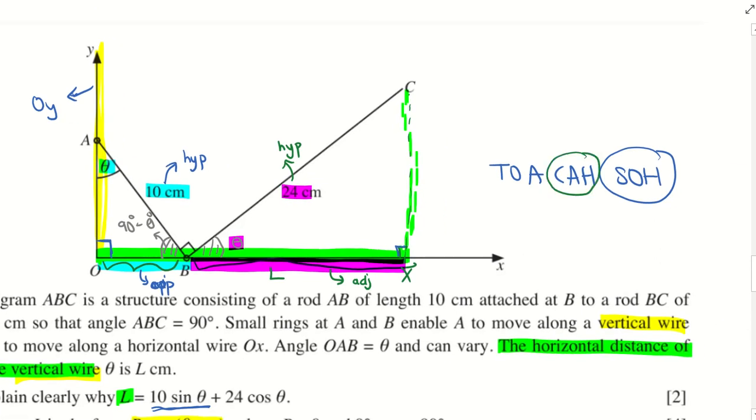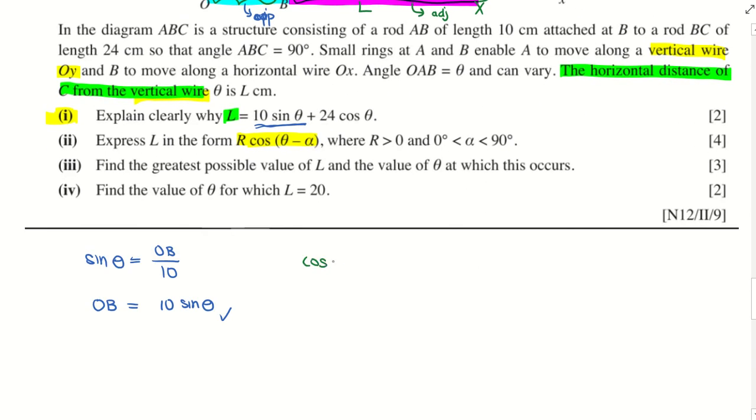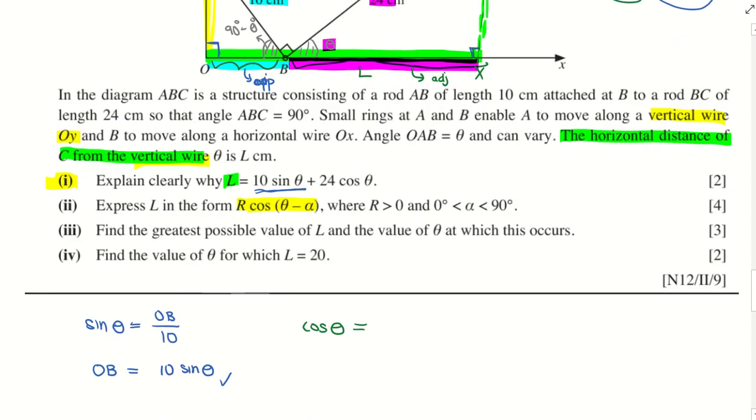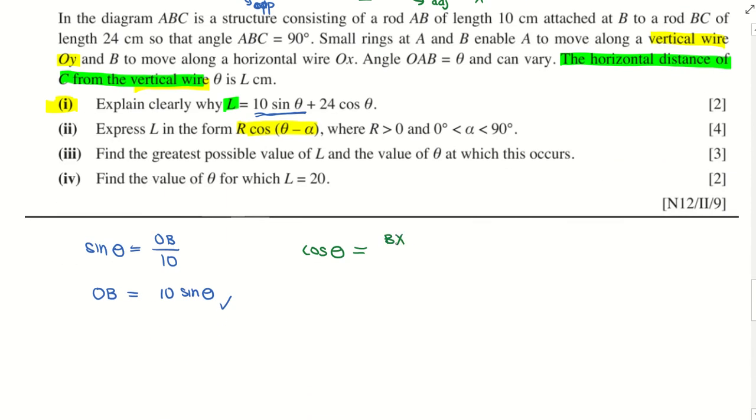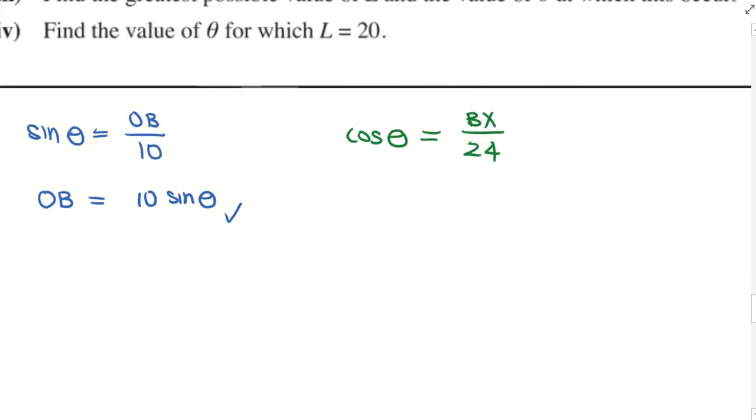Kaso, Ka stands for cosine. So let's write down: cosine theta is adjacent BX over hypotenuse 24. Now I can write BX in terms of theta. BX is 24 cosine theta.